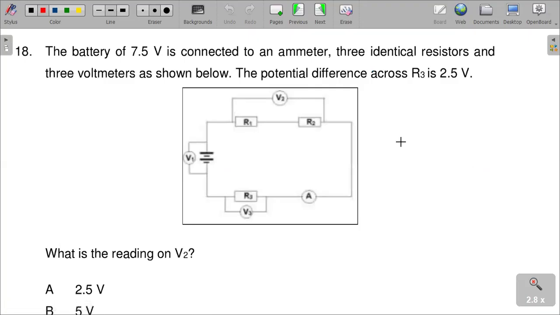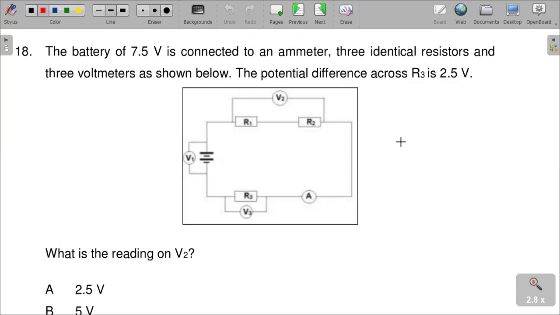The battery of 7.5 volts is connected to an ammeter, 3 identical resistors, and 3 voltmeters, as shown below.